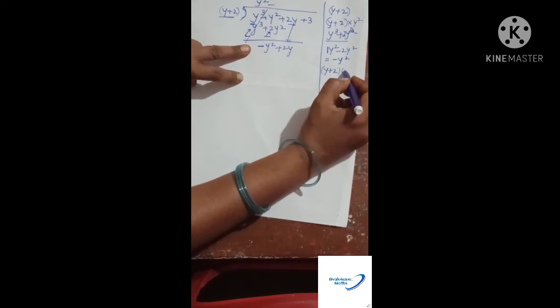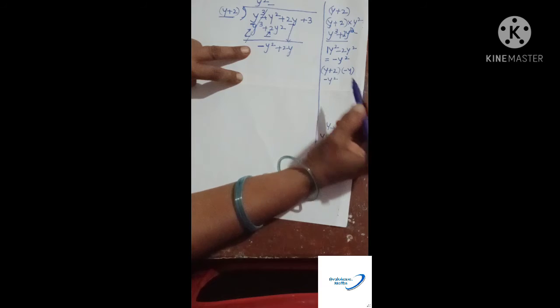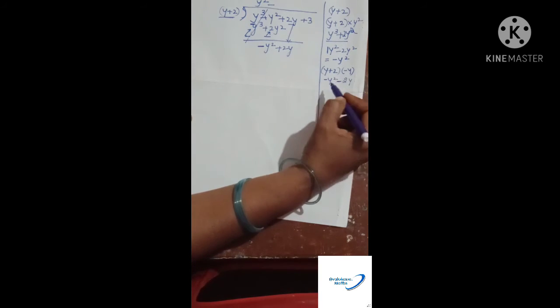So I am multiplying this one with minus y. So y into y is y square, of course plus minus it is minus y square. And next, plus 2 and minus, that is 2 into y is 2y, and plus minus, this is minus 2y. Very simple. Minus y square minus 2y you are getting when you multiply y plus 2 with minus y.